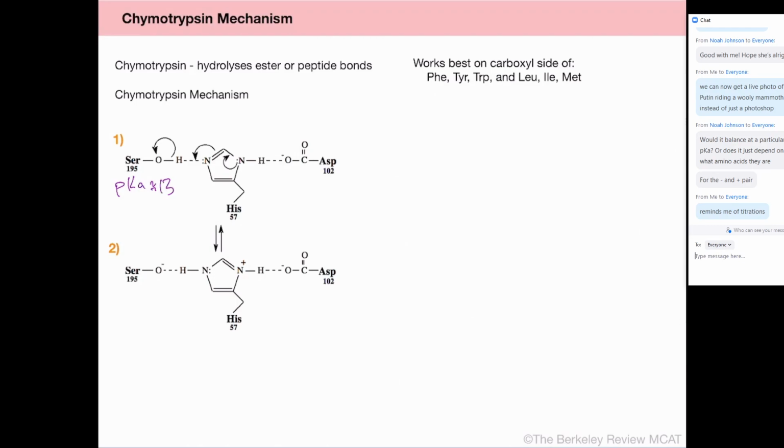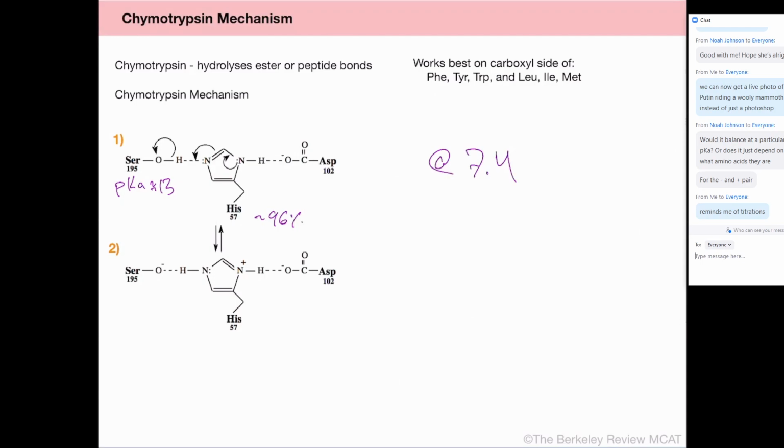Histidine's pKa is 6.0, so it's usually unprotonated at a physiological pH of 7.4. I think it's something like 96% unprotonated at pH 7.4.